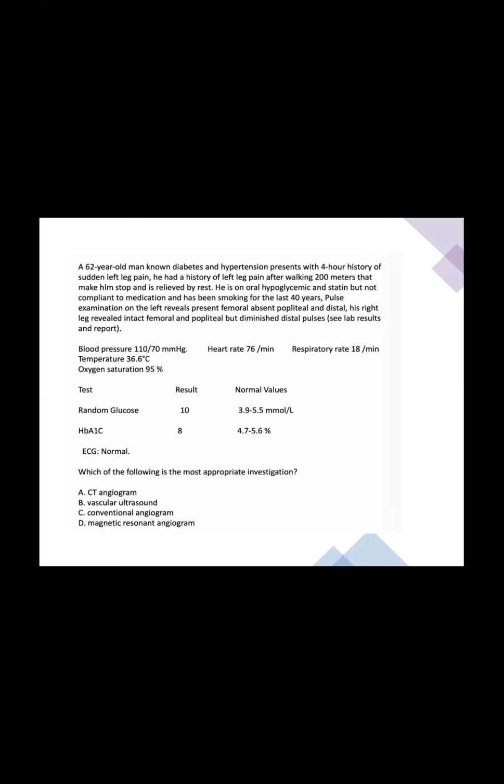Pulse examination reveals absent popliteal and distal on the left, intact femoral. The right leg has intact femoral but diminished distal pulses. Glucose and HbA1c are high. What is the most appropriate investigation? CT angio, vascular ultrasound, conventional angiogram, or MR angiogram.